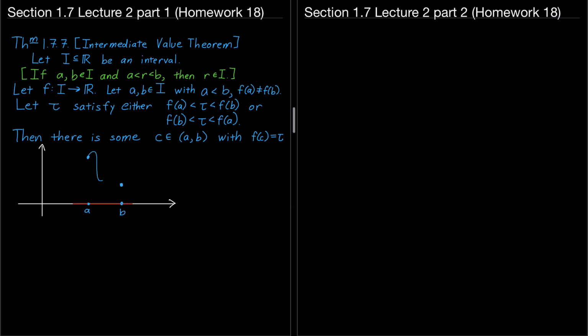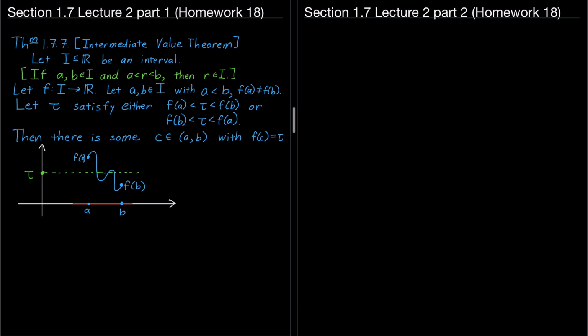Then there's some continuous function that connects the two. And then in between is our tau. Notice that's between f of A up here and f of B down here.